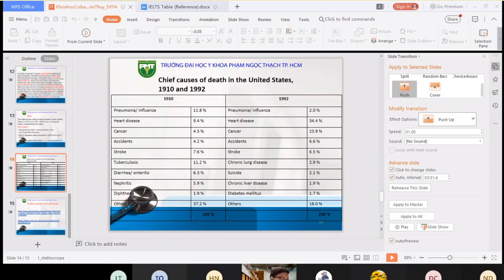No, not most Americans die of pneumonia. Most Americans die because of other causes. Others accounts for 37.2. So you can write a sentence like, in 1910s, roughly 2/5 of American people die because of other reasons.